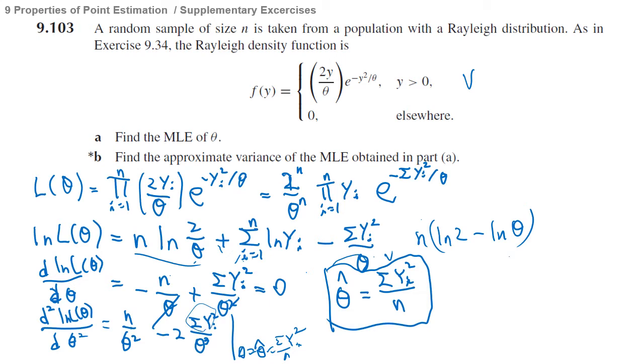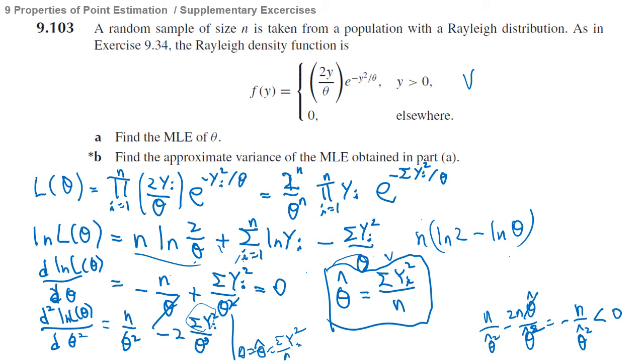So that's n theta hat second minus theta hat third, and this is n theta hat and 2, and so this one cancels, and so this is minus theta hat square n, and this is less than 0.